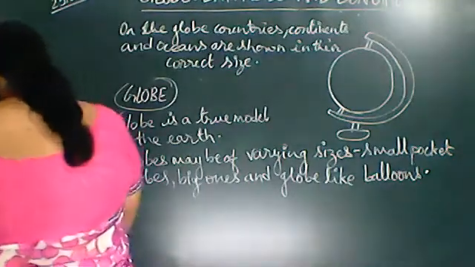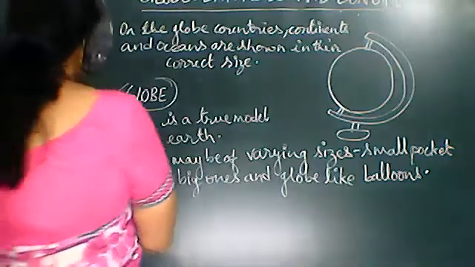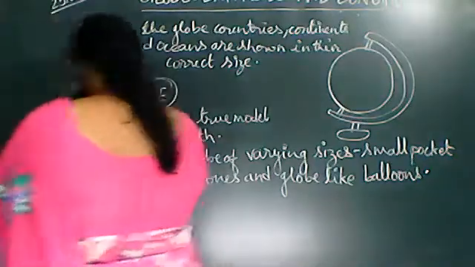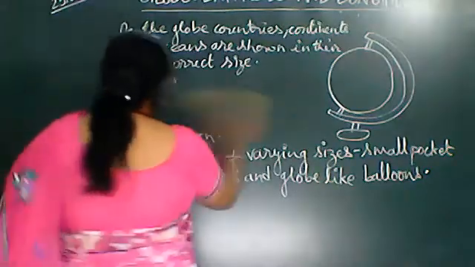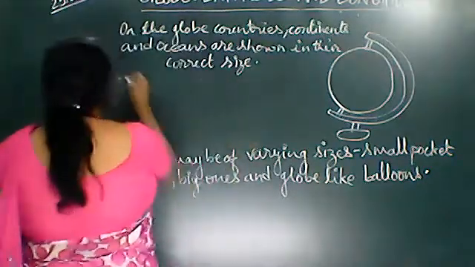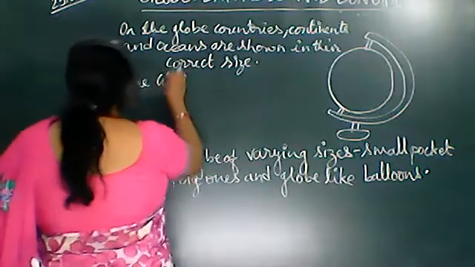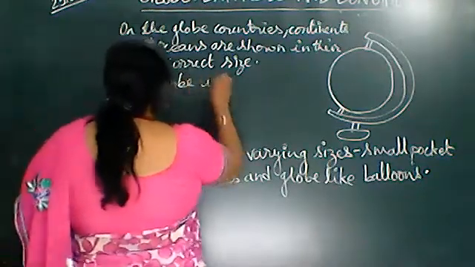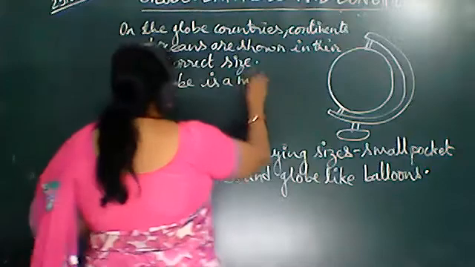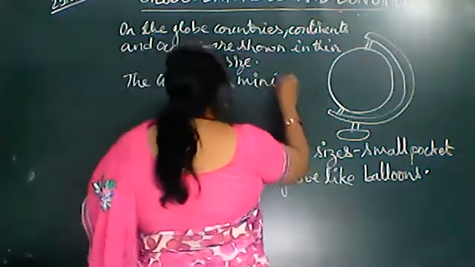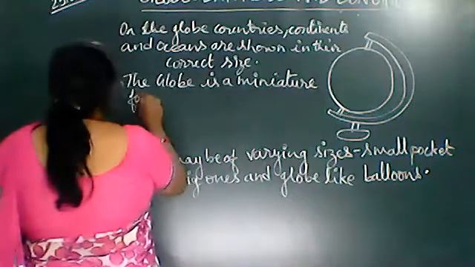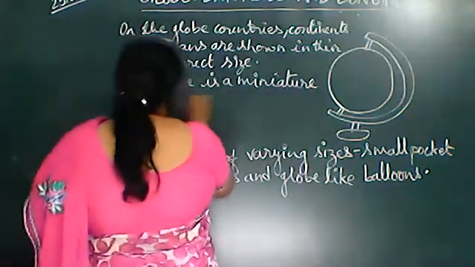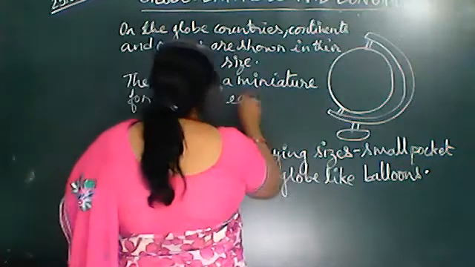So we see that the globe is a true model. It is a miniature form of the earth, and it is done for our convenience.